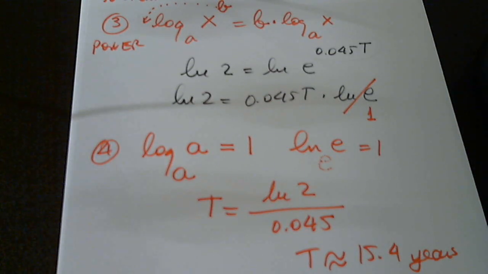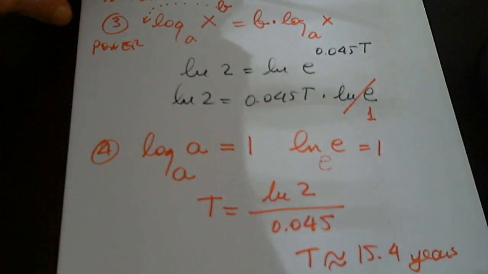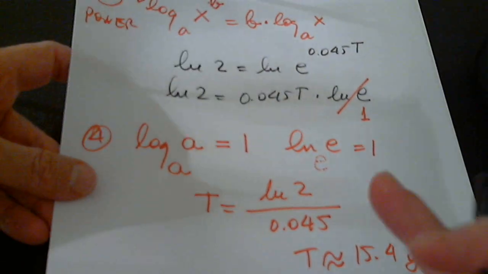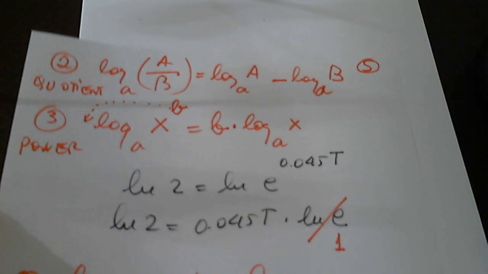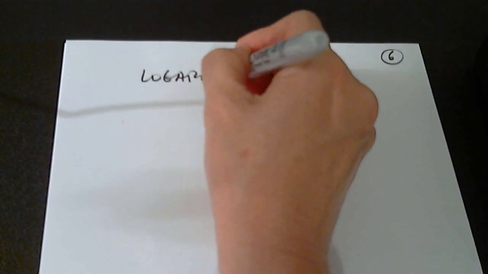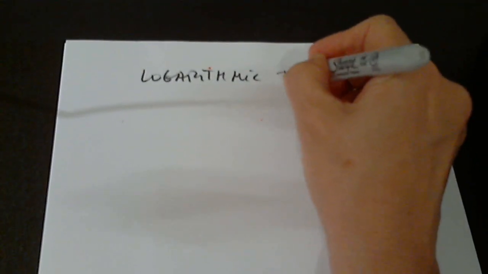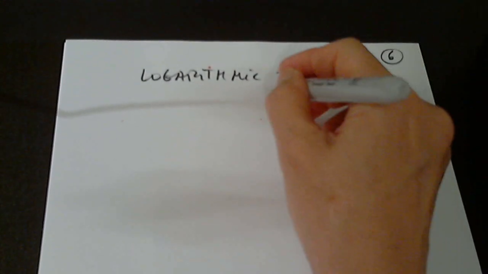Okay, now I would like to finally talk about log, which I didn't. I just used what we needed. We were supposed to go through the properties anyway. But I would like to talk about log before we go on. So the logarithmic function is not friendly.